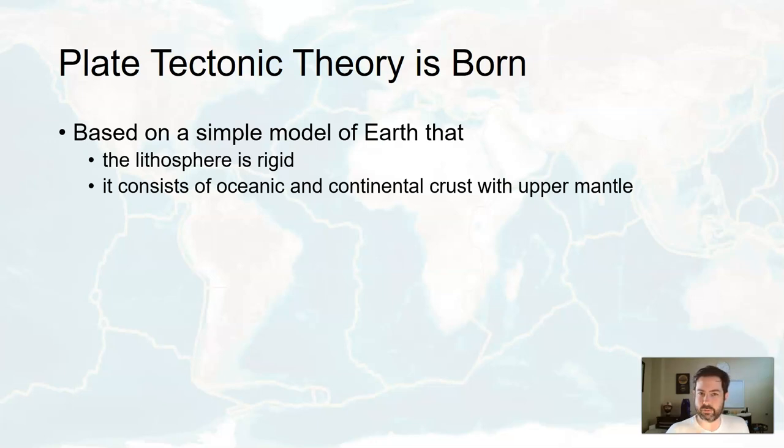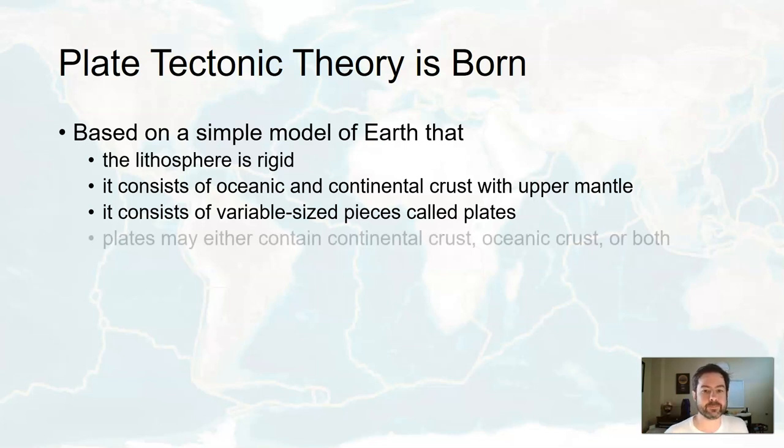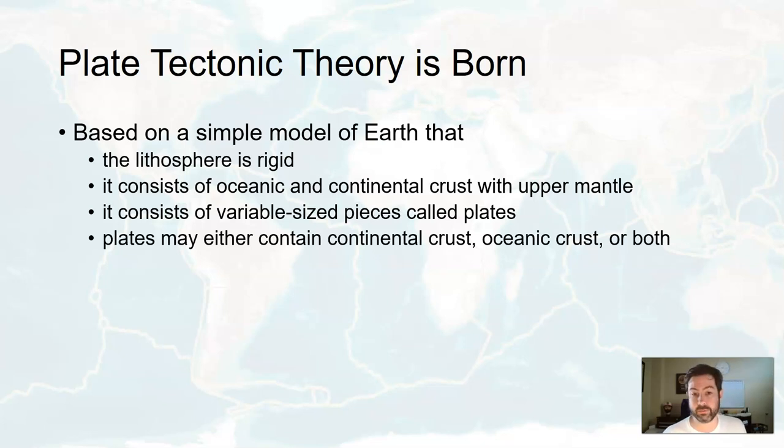It's made up of both oceanic and continental crust, as well as upper mantle material. It consists of variable size pieces called plates, some big ones, some small ones. We saw that already. Plates may contain either all continental crust, all oceanic crust, or a combination of both. Oftentimes it's a combination of both.